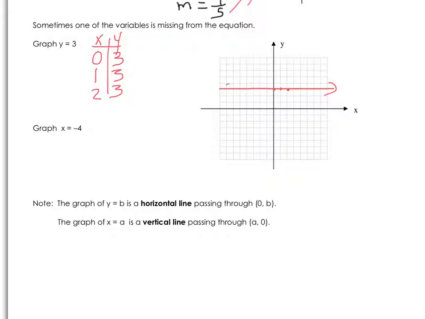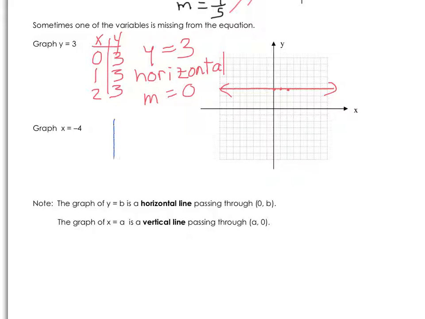All those points line up. We have a horizontal line. Y equals 3 is horizontal. And remember that horizontal lines have a slope of 0.